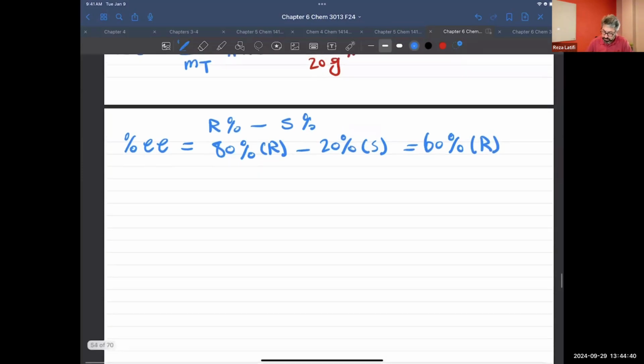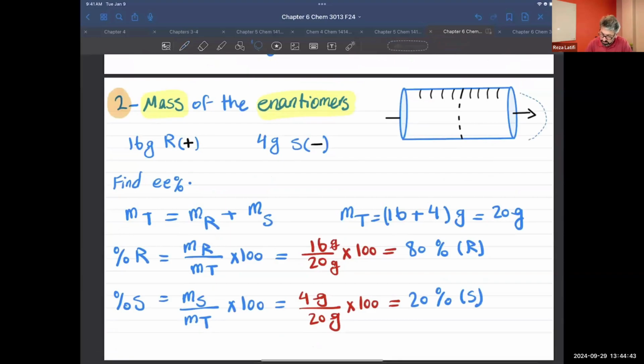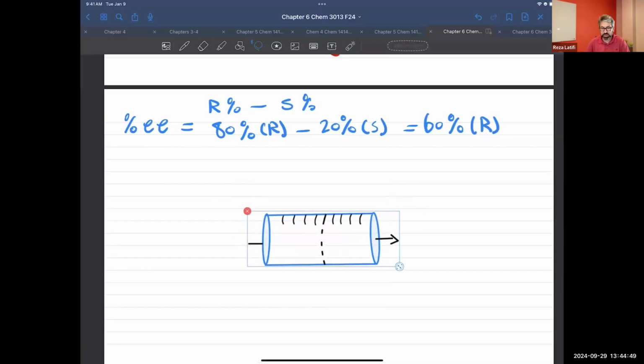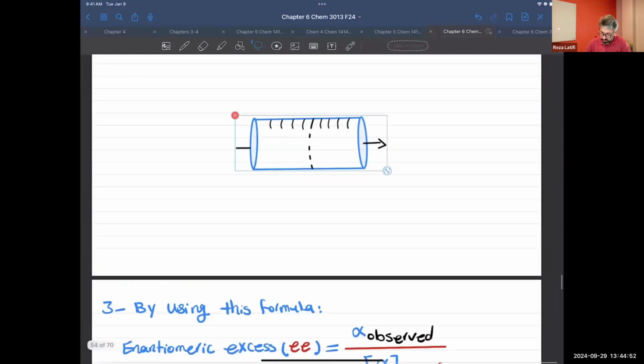So again, let me present the meaning of the enantiomeric axis.